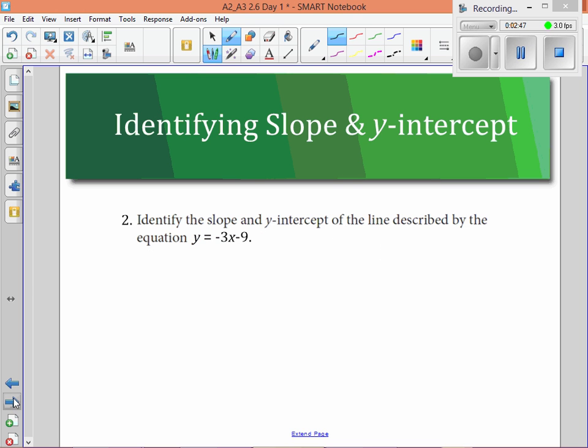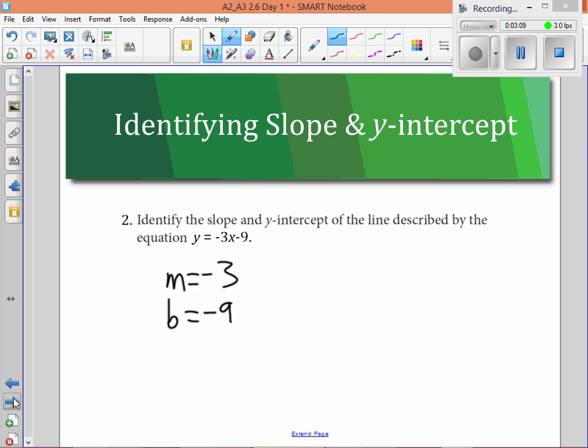Next one, same thing. Here, m is equal to negative 3, and b is negative 9. Now note the negative value of b. If it's negative 3x, subtract 9. The y-intercept is negative 9. It's not positive 9. It's not just the numerical value of whatever number follows, the constant term that follows the linear term here.